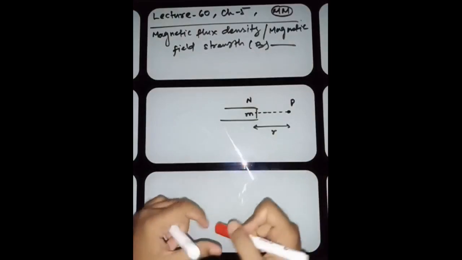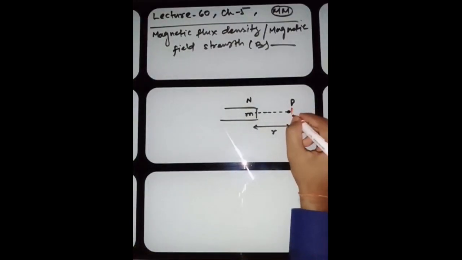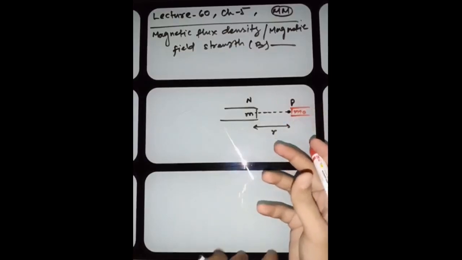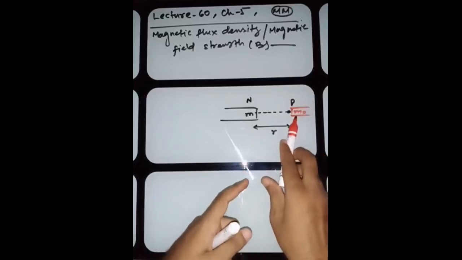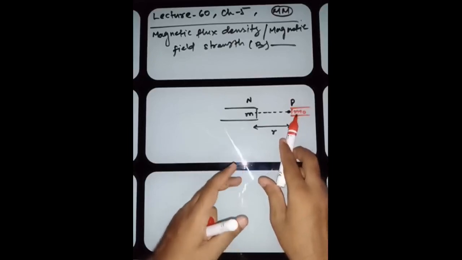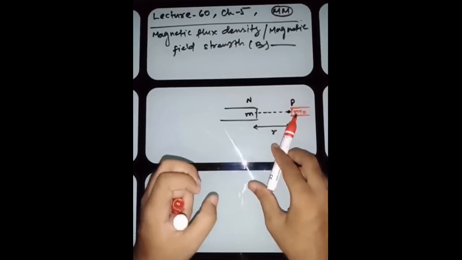What we have to do, we will place here a test pole. As we used to place the test charge, we will place here a test pole M0. Remember, M0. The property of this test pole will be, first, it should be the north pole, and second, the pole strength of this test pole should be very small.